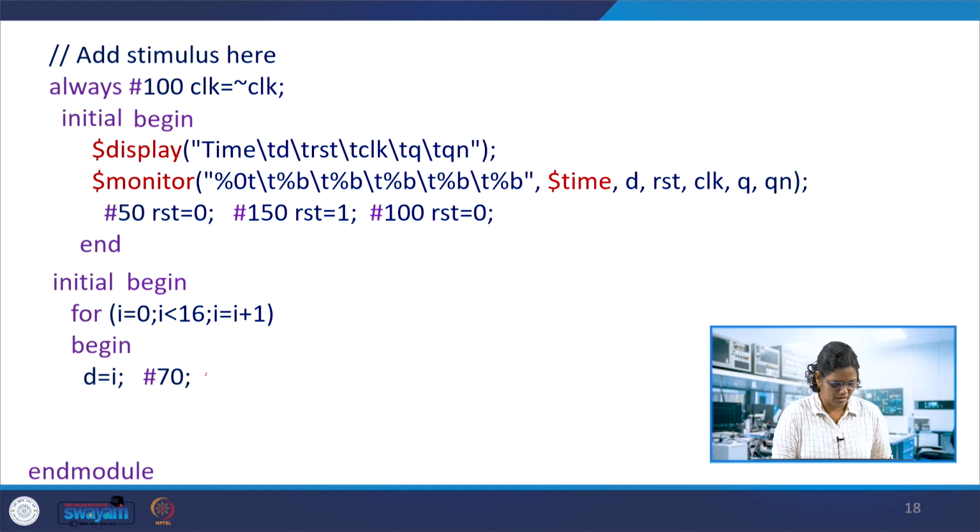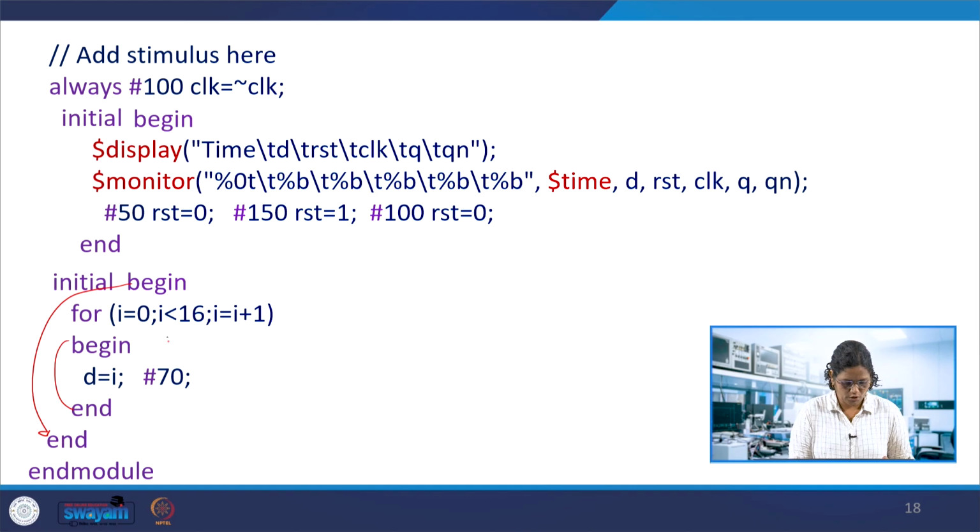So hash 70, after 70 again increment this I by 1, hash 70 and increment by 1, and then assign it to D. So end, this begin ends over here, and this begin ends here. So only one for loop is used, because D is going to be 4-bit data just to generate them, and the reset changes have been done over here.